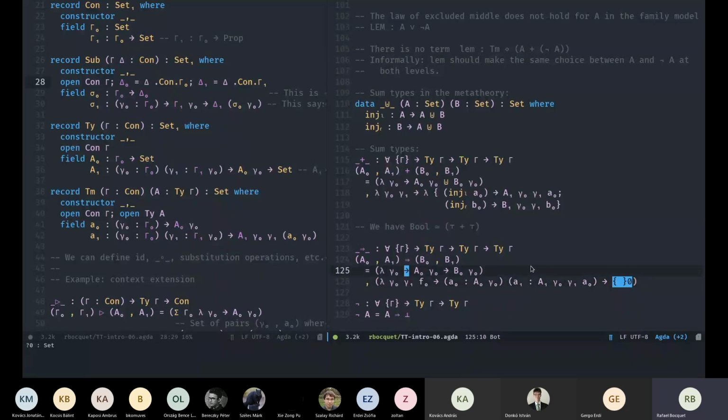Why don't we say, in the first layer we have a function from A0 to B0. On the second layer we have a function that depends on both A0 and A1.